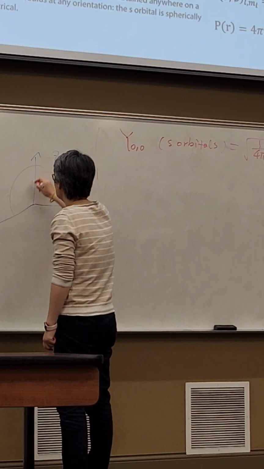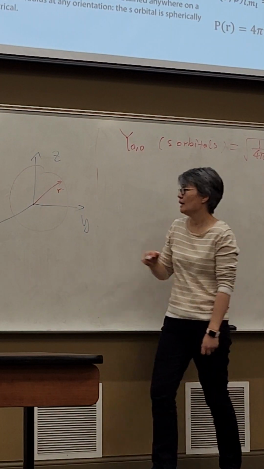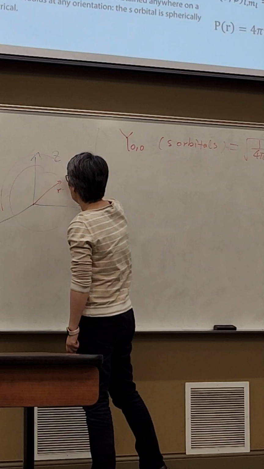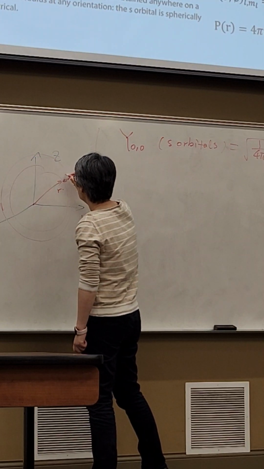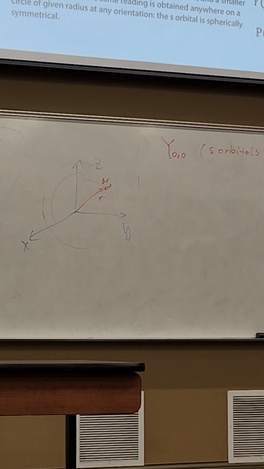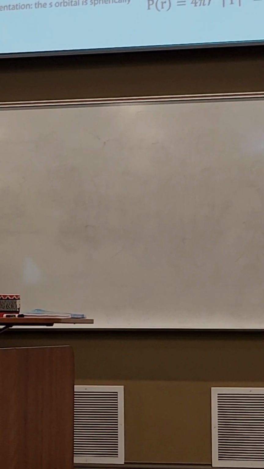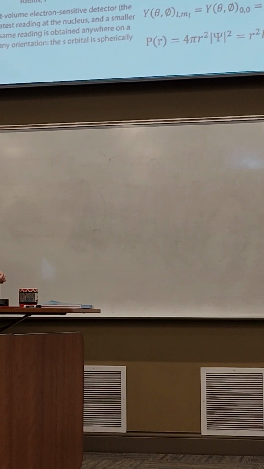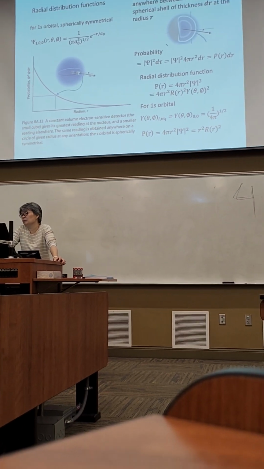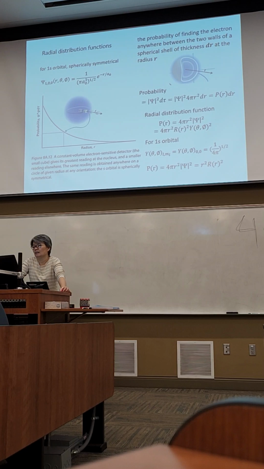So you think of the system at a particular radius, and then you calculate the thickness dr, and from there, that's what we put here. So you can think about the probability of finding an electron anywhere between two spherical walls of thickness dr at radius r.